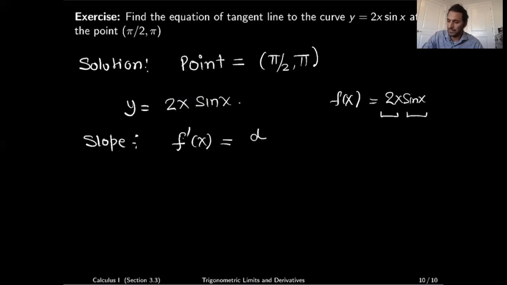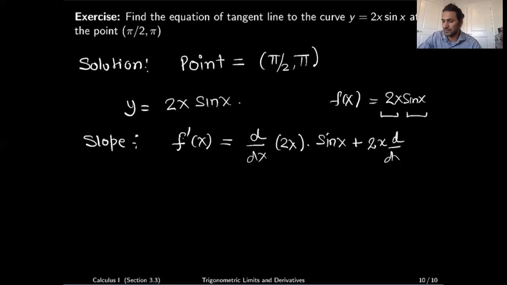I take the derivative of the first function times the second function as it is, sine of x, plus the first function as it is times the derivative of the second function, sine x. So the derivative of 2x is just 2 times sine x, plus 2x times the derivative of sine, which is cosine of x.